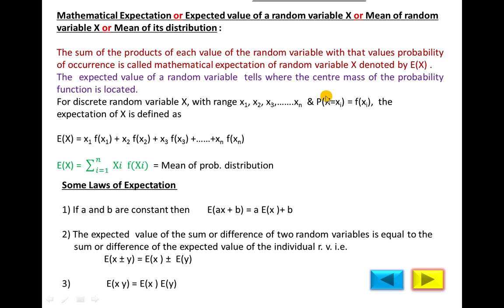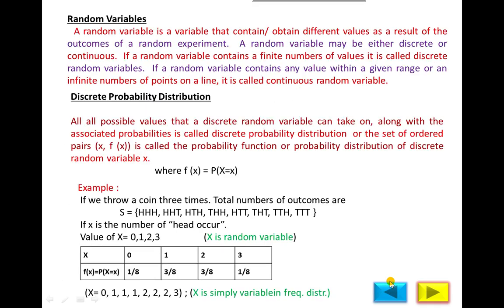For the condition of the probability we use this notation. Both are same. The expectation of x is defined as the first value of x multiplied by the corresponding frequency plus the second value of x multiplied by its frequency and so on up to the last value. Same as here, this value multiplied by this, plus this value multiplied by this, plus this value multiplied by this.